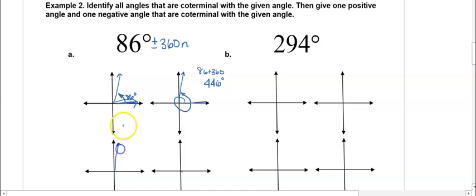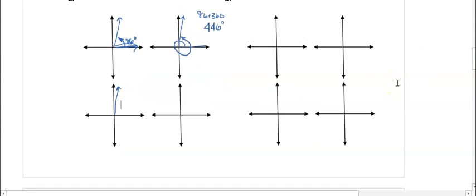We are going to do the exact same thing, but instead we're going to go the other direction a little bit. We're going to go negative this way. So we would do 86 minus 360, and 86 minus 360 gets me negative 274 degrees.